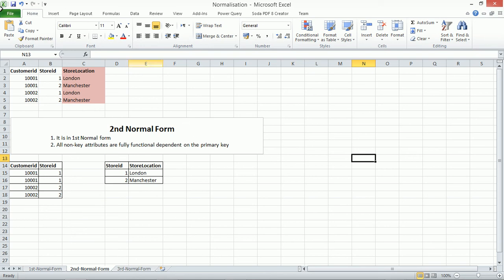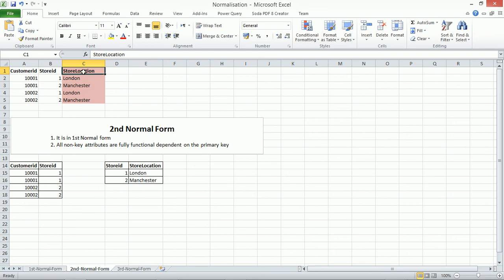Now if you look at this example, store location is a non-key attribute. London, Manchester is not a key attribute, and it's dependent upon store ID. So London has store ID 1, Manchester has store ID 2.